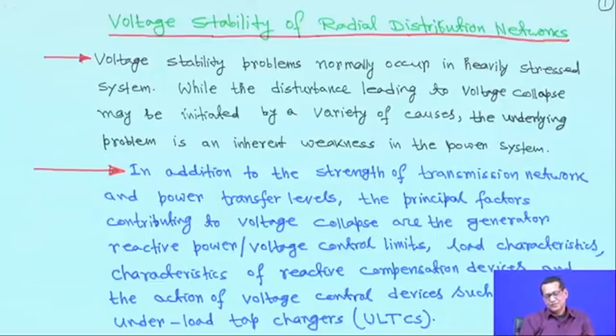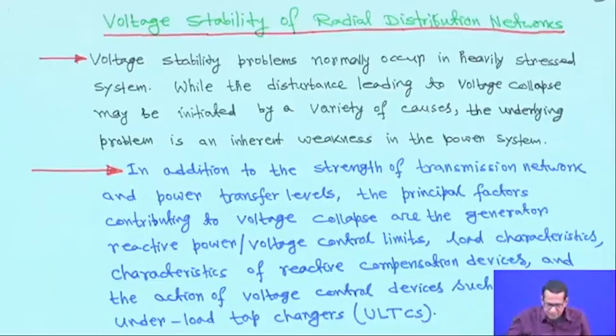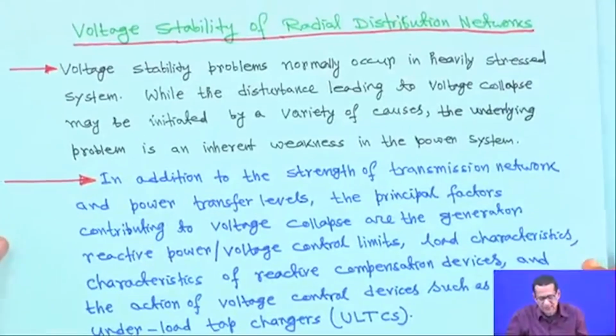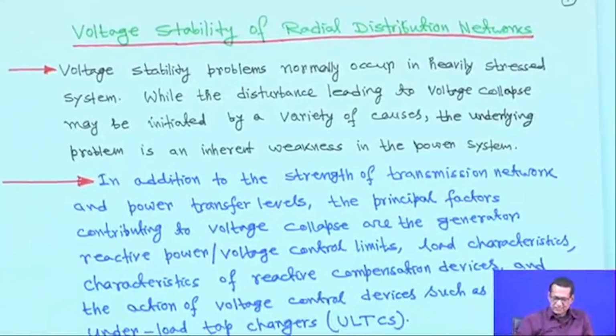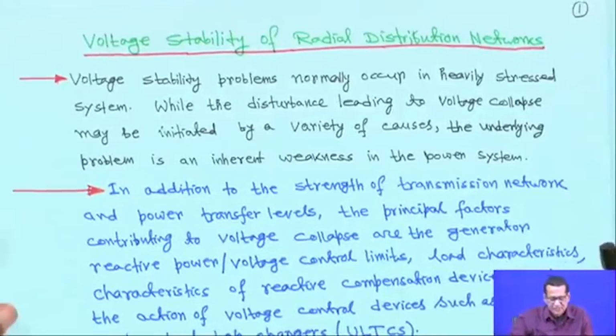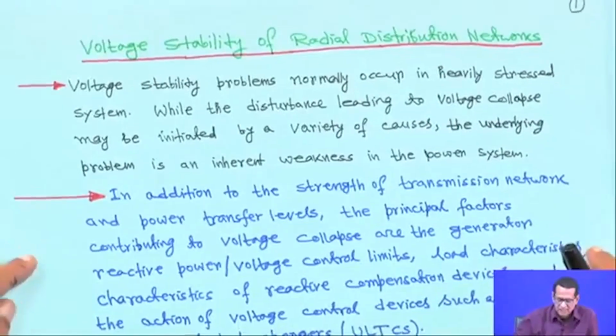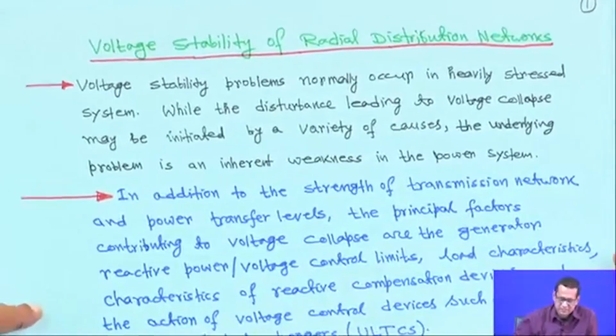Now, another thing is the voltage stability of a radial distribution network. This is actually some feeling I will give you regarding the voltage stability of the distribution system.